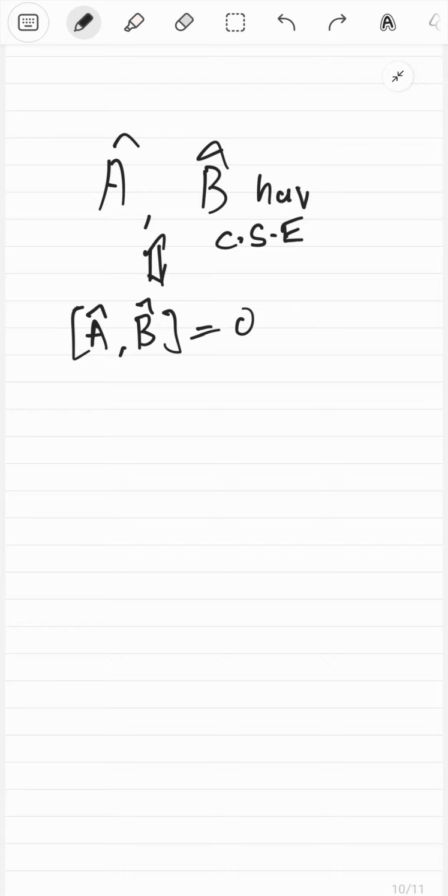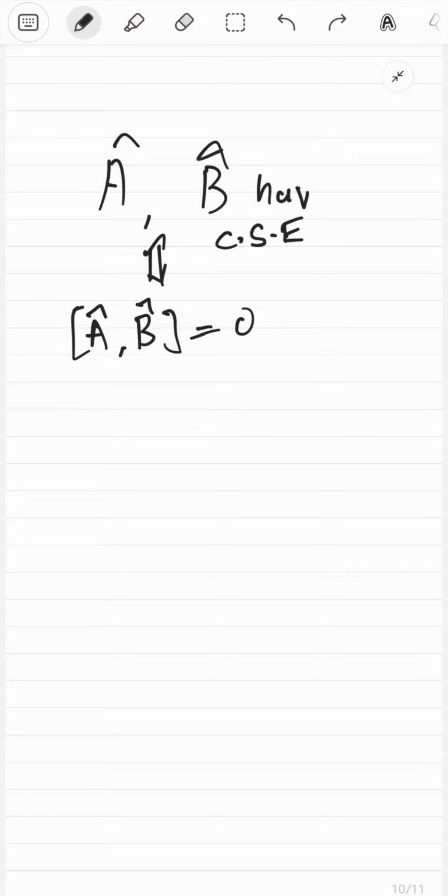There's some weird stuff going on, but never mind. The basic thing is that the set of eigenvectors that these operators share, which is complete, can be used to write every single psi that you're going to get.